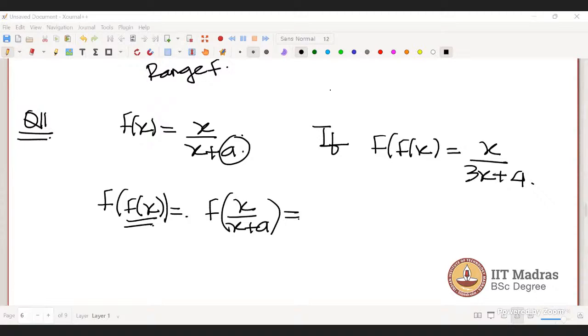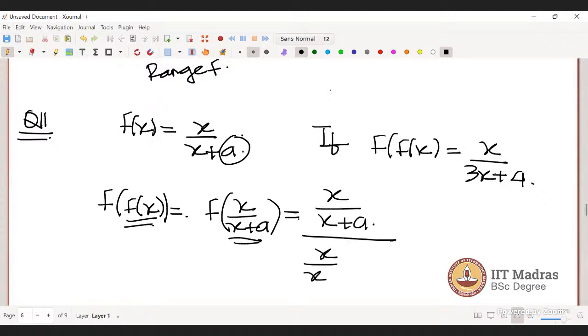Okay, so now what you need to do? You need to substitute the value in place of x, right? This is your x. I did that, sir. Then what will you get? x by x plus a, divided by x by x plus a, plus a.